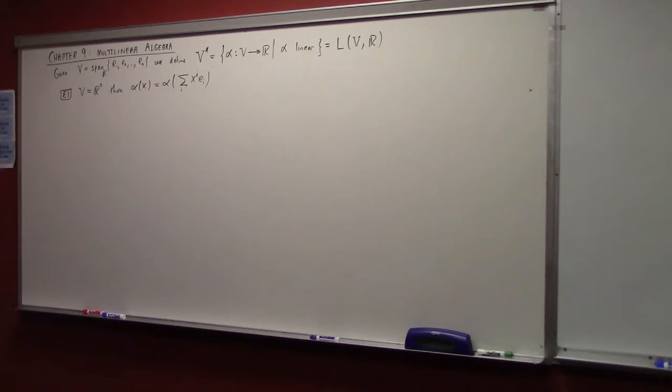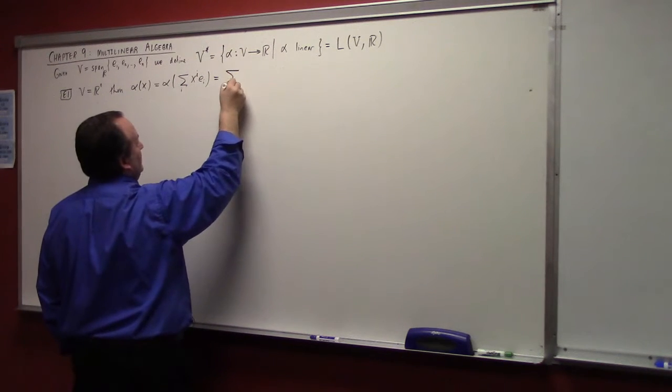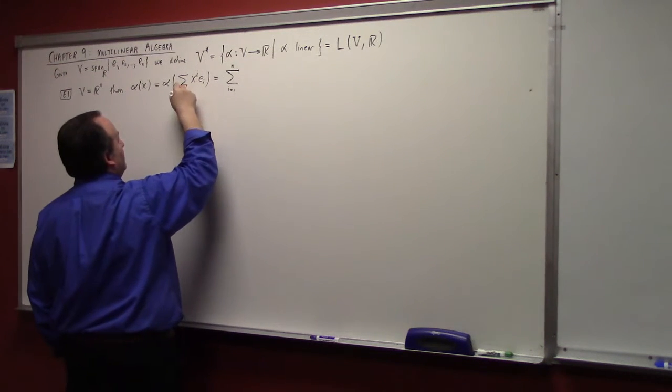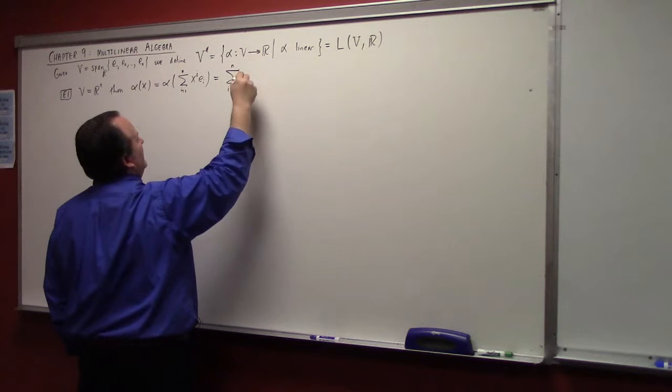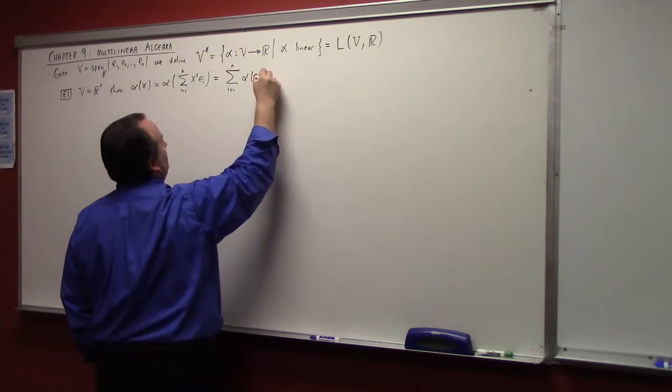Okay, so starting now, like that. Now, so this, by linearity, would be the sum over i equals 1 to n of alpha of e_i times x^i.